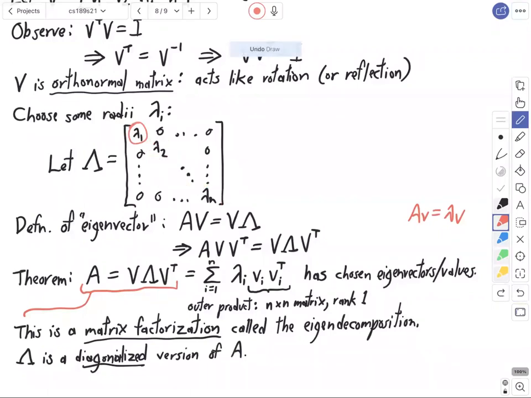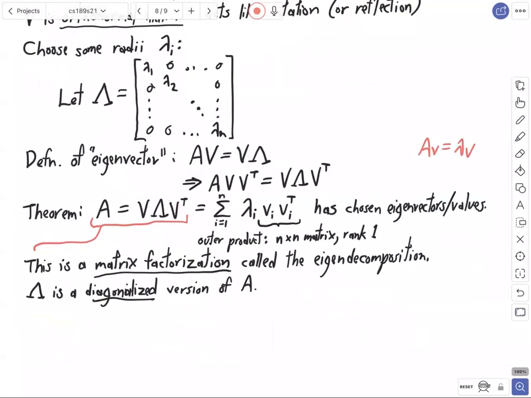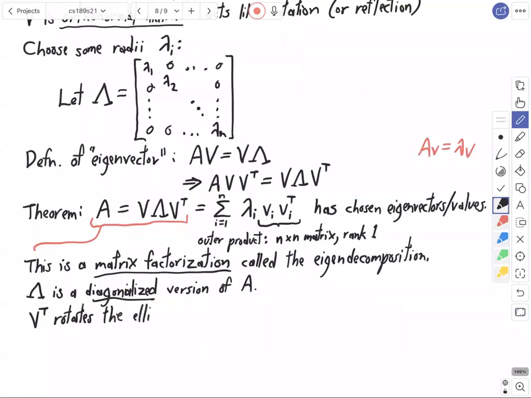That's the information you get when you compute the eigendecomposition: in what directions you are stretching and shrinking things, and by what factor. When you think of it that way, you can think of V transpose as something that rotates the ellipsoid to be axis aligned.